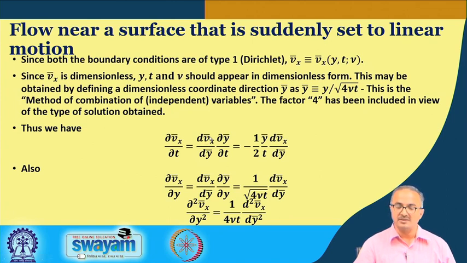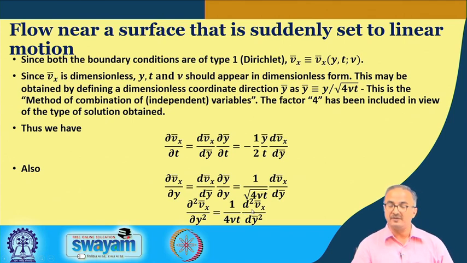So, it is dvx over bar by dy over bar, but dou y over bar by dou t, because y over bar is a function of both y and t. So, this comes as minus half y over bar by t dvx over bar by dy over bar. Similarly, dou vx over bar by dou y is equal to dvx over bar by dy over bar into dou y over bar by dou y, and this is this. And dou 2 vx over bar by dou y square comes like this.